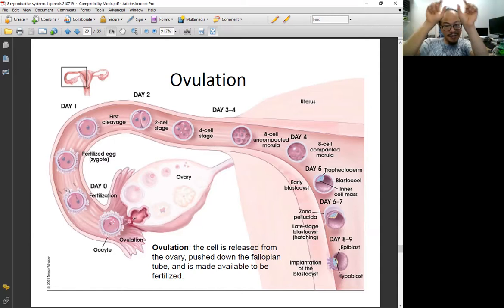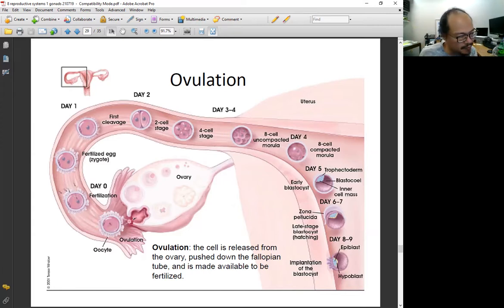They remain as protection, you can consider them guardians or mates, surrounding the secondary oocyte as well as the first polar body. So all this group of cells will be thrown into the fallopian tube, waiting for fertilization.